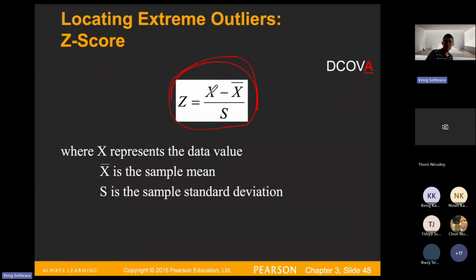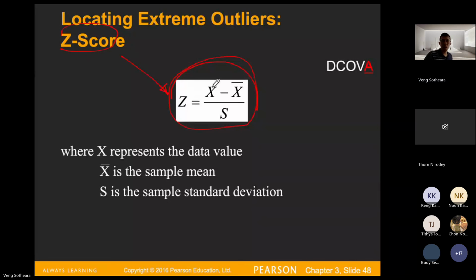So for example, if you just want to test if a value is so strong compared to the group, you have to take that value, subtract its mean and divide by its standard deviation, and then you will get its z-score. Because the z-score is the standard deviation of that particular value.